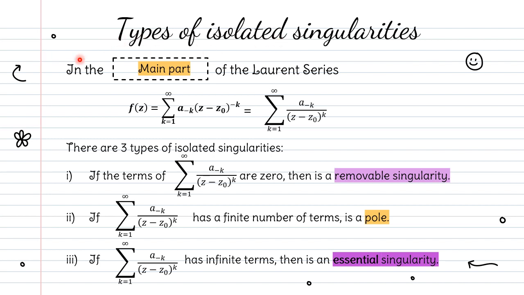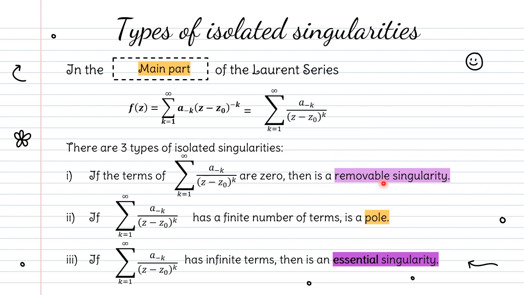So here we have the types of isolated singularities. Over here we have this Laurent series, and well, the main part of the Laurent series. We have to focus on that for now. It's not that the Laurent series is not important or the analytic part is not important, but for these cases our focus will be on the main part of the Laurent series. So we have three types of isolated singularities. The first one is the removable singularity, as the name suggests.